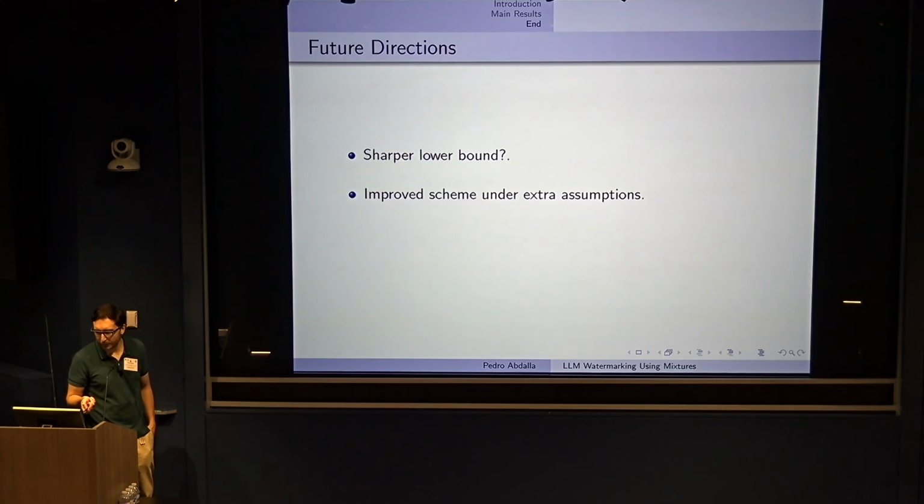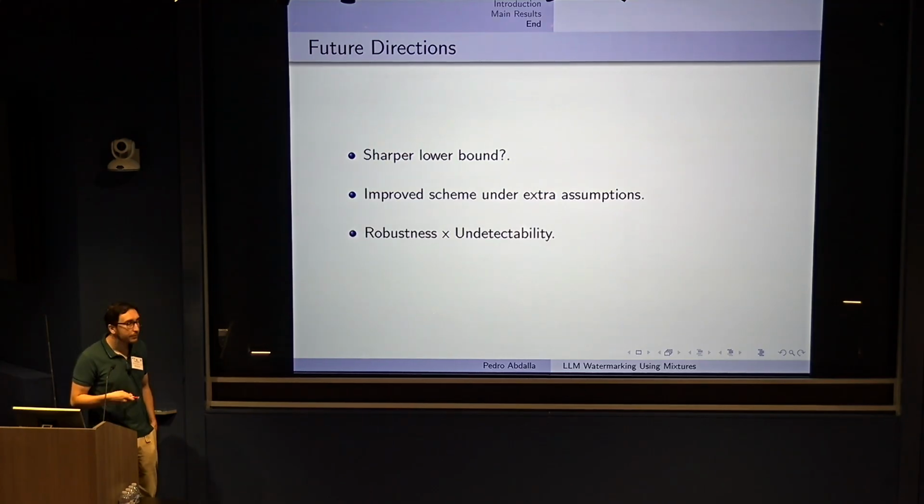Pretty reasonable. And a future direction is the issue of robustness. If someone starts editing your text, how are things going to work, right? If you remove some tokens, add some tokens. There is a very interesting trade-off that has been reported in the literature, the conflict between detectability and robustness.